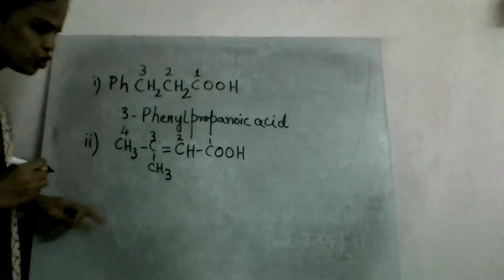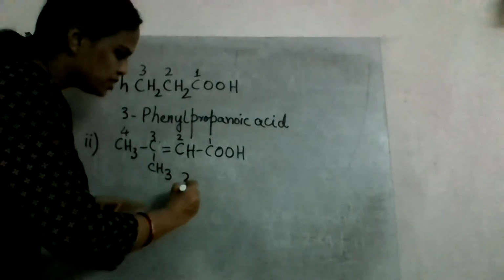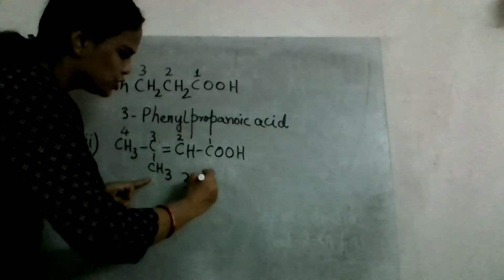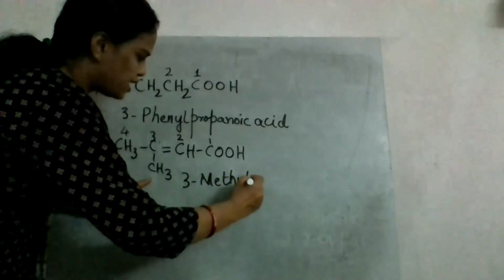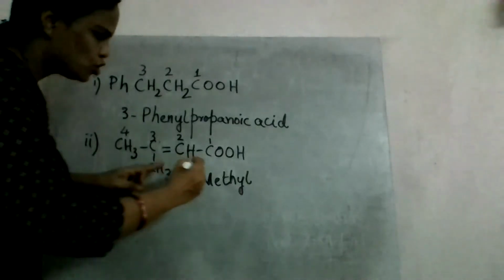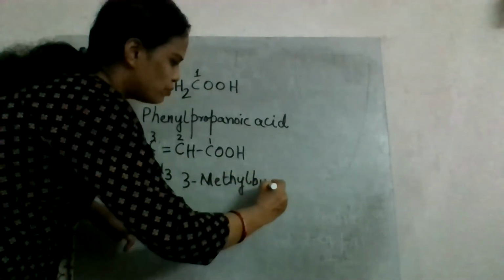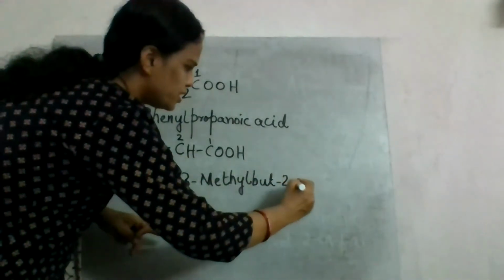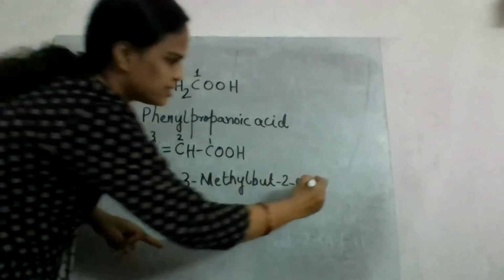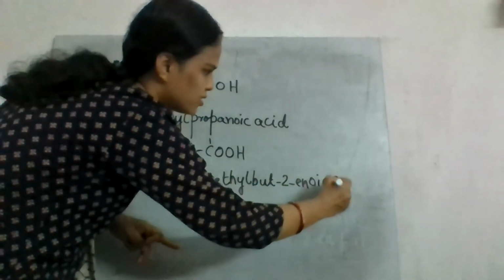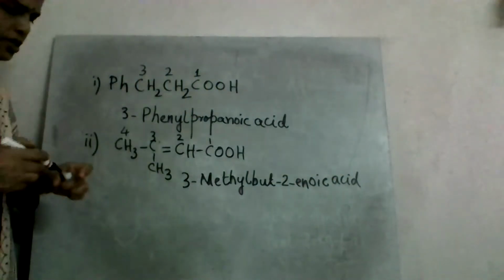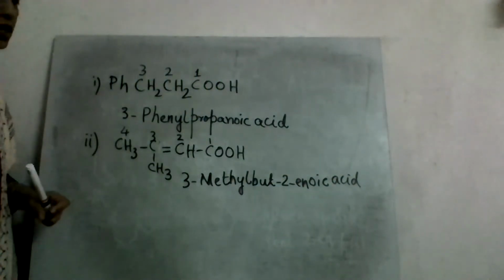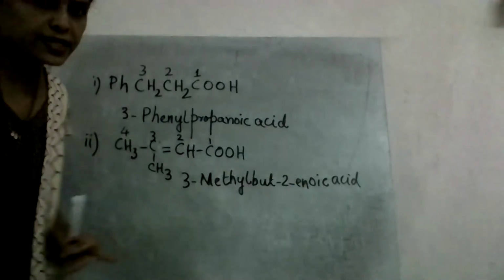Word root is but, and this is the substituent that is present. So it is 3-methyl but-2-enoic acid. This is the name of this compound, 3-methyl but-2-enoic acid.